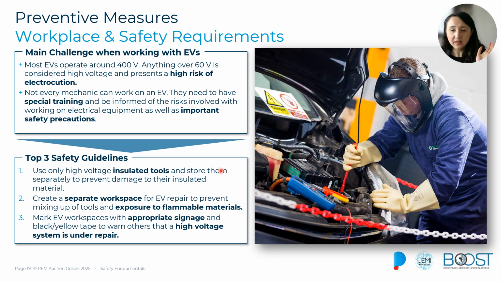Nevertheless, here are the 3 safety guidelines for working with high voltage, and this is just the top 3. There are many more that we will see later on, but it is just a quick summary. The first one is to always use high voltage insulated tools. These tools are specifically designed to protect workers from accidental contact with live electrical components.